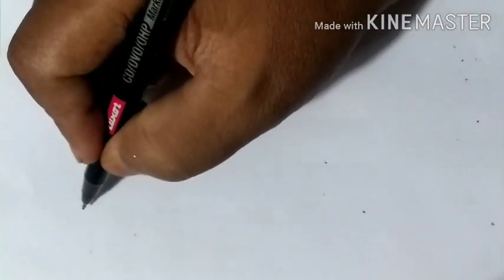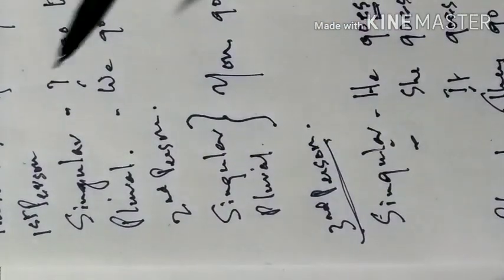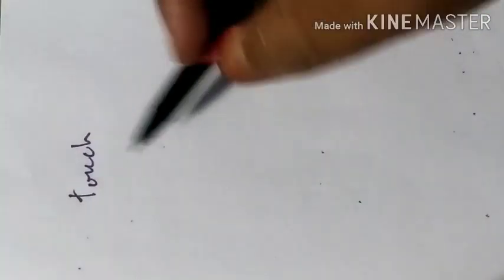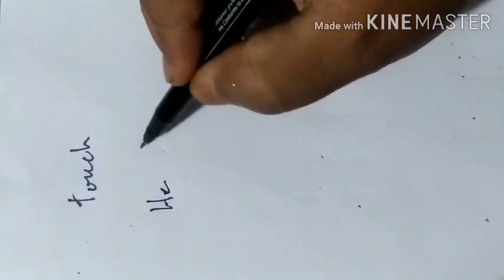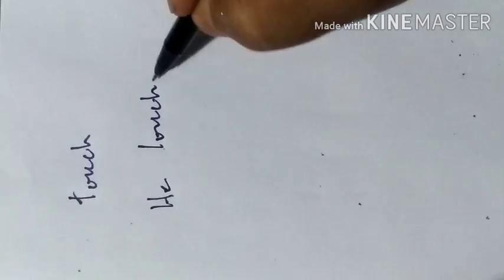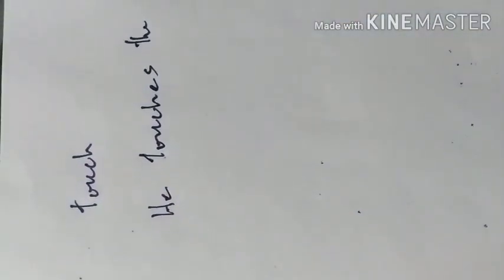Now some other examples of verbs which must undergo changes when we make sentences in the third person singular. Touch, the verb touch. He touches the blackboard.